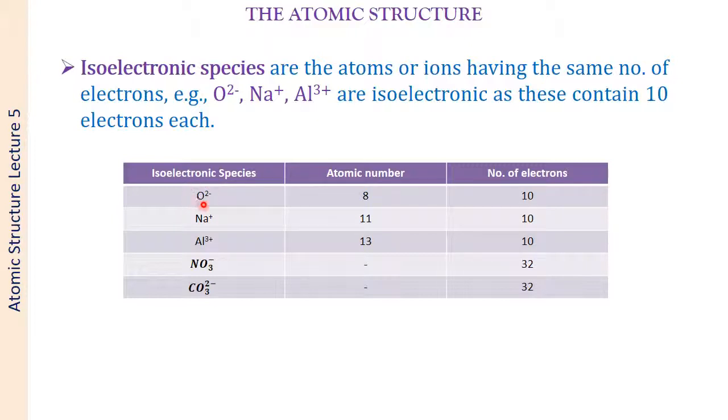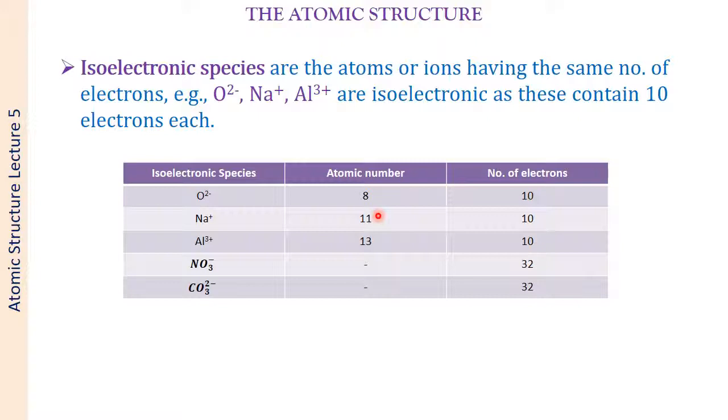2 negative means that oxygen is an anion, and anion is formed by the gaining of electrons. So 2 negative shows that this oxygen has gained 2 electrons. So 8 plus 2, now we have 10 electrons. Now sodium plus, okay, so the atomic number is 11.